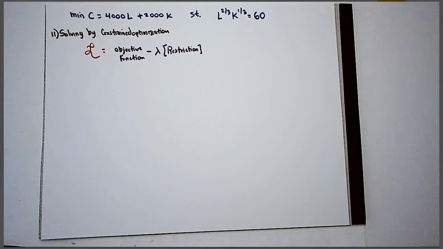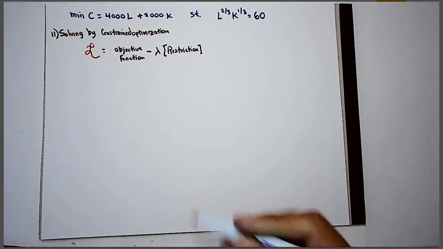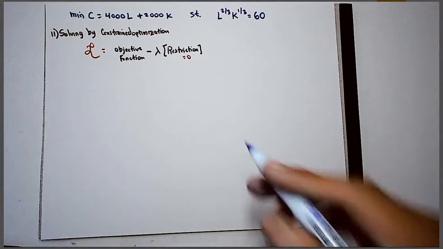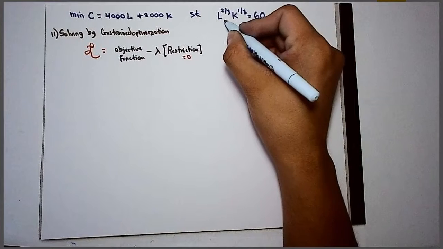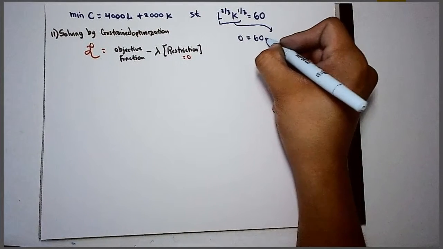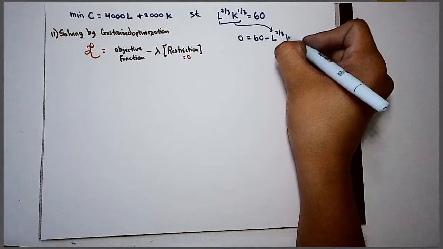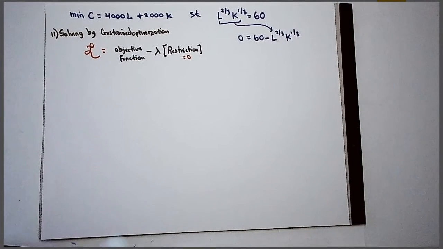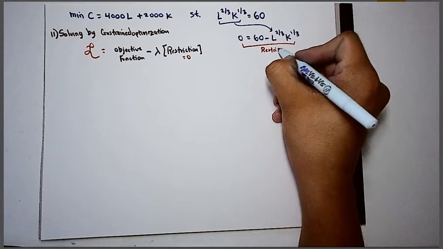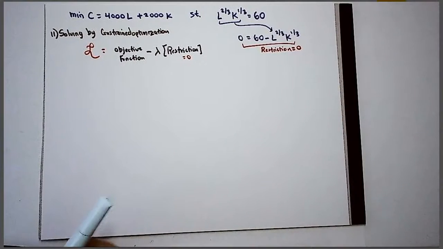Now let's solve our problem using constraint optimization. Remember that in order to use it, we need to have, in the case of the restriction, everything equal to 0. So for this restriction, we move everything to the right hand side, and in that way, our restriction is equal to 0.